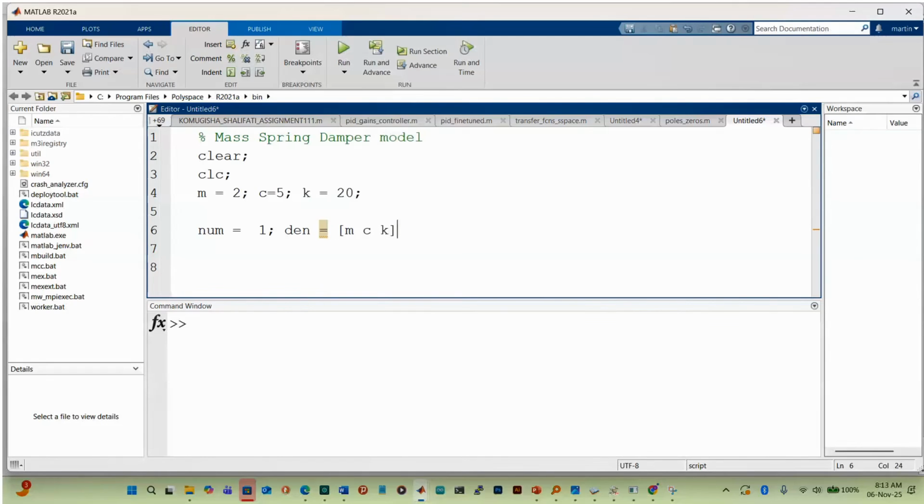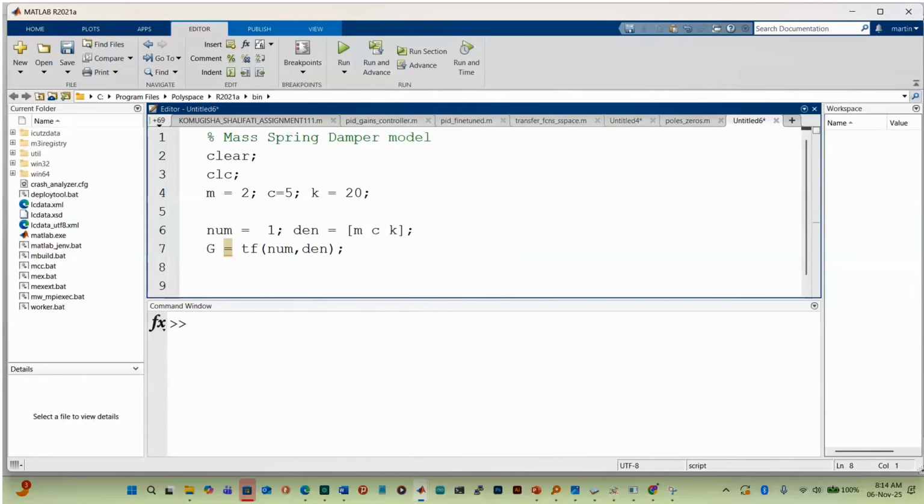Then we say G is equal to the transfer function of the numerator, comma, the denominator. So we are designing the transfer function, which is going to be 1 over 2s squared plus 5s plus 20.